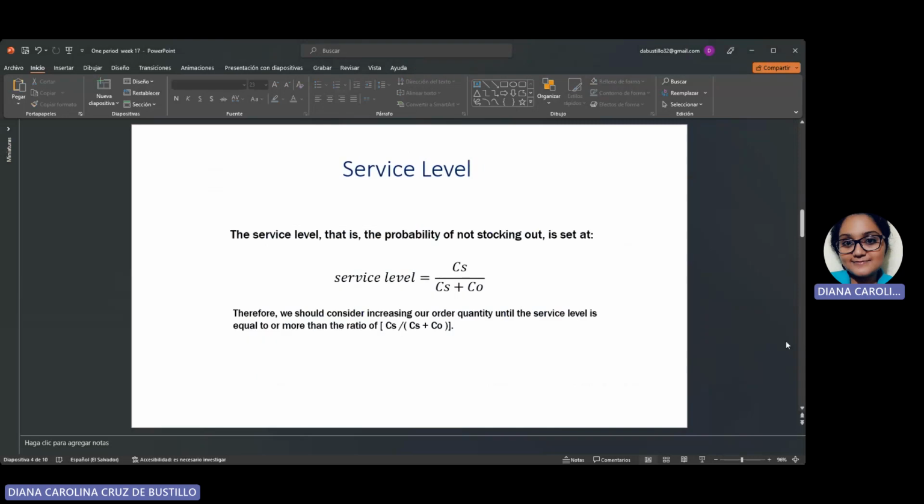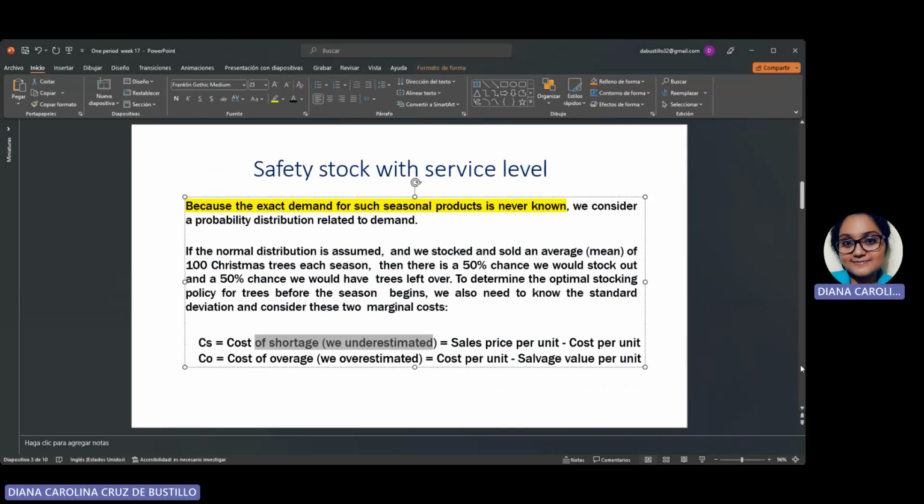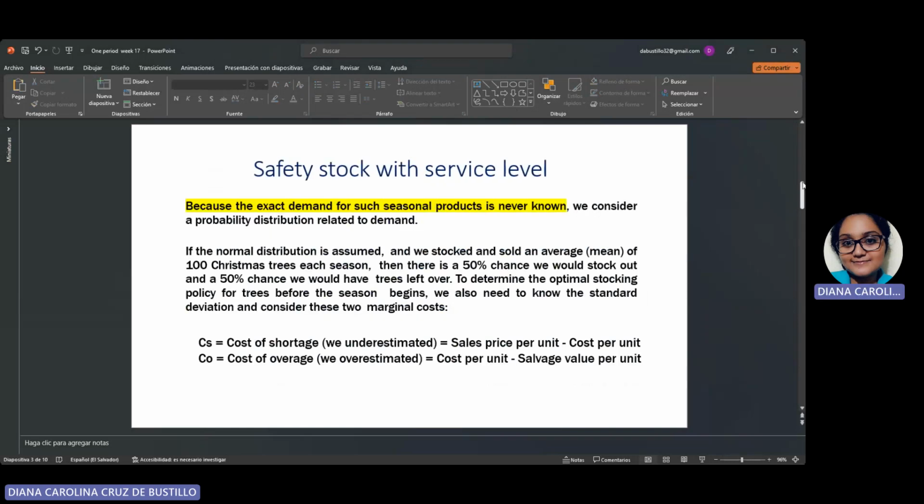So the service level, which is the probability of not stocking out, that means that every time a customer asks you if you have items, you say yes, is estimated in this model by dividing the cost of a stock out, the cost of shortage, I'm sorry, divided by the cost of shortage plus the cost of overage.